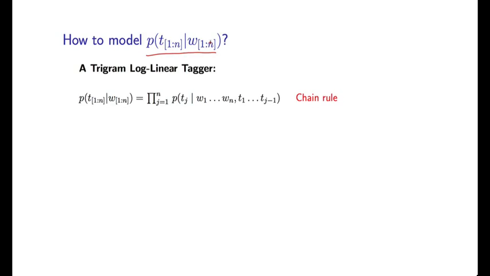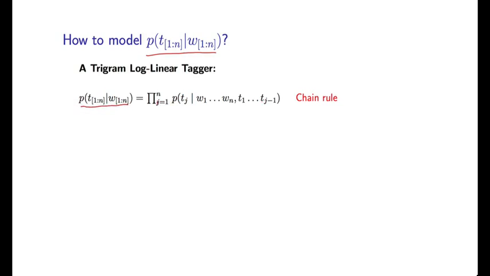And again, we'll see this method used where we first use the chain rule, and secondly we use independence assumptions which simplify the model. So here is a first application of the chain rule. I'm going to write this probability as a product of terms.